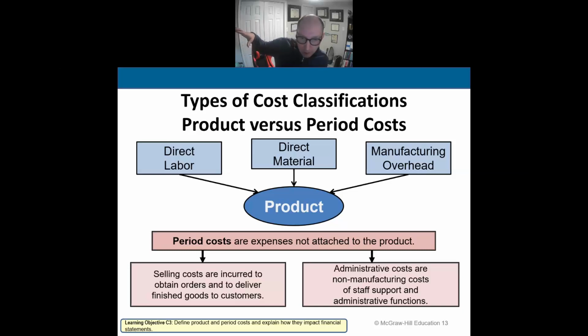Their costs are a part of that product because you have to manage people. You have to manage the office. So those are administrative costs. Selling and administrative expenses are considered period costs. They're not directly attached to the product costs, but they're related. So we consider them period costs, and they just get expensed out to the income statement.